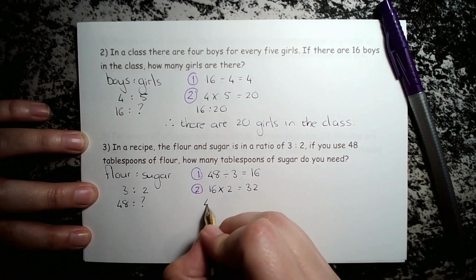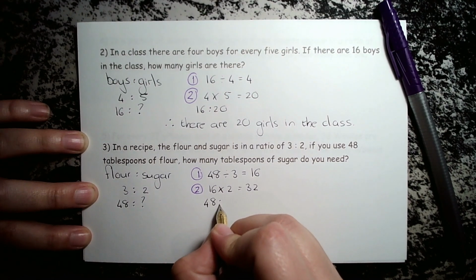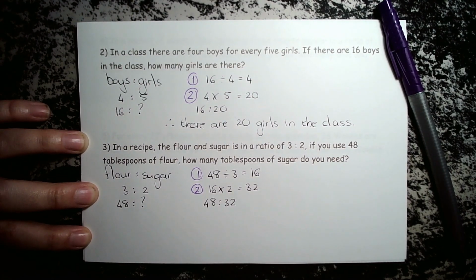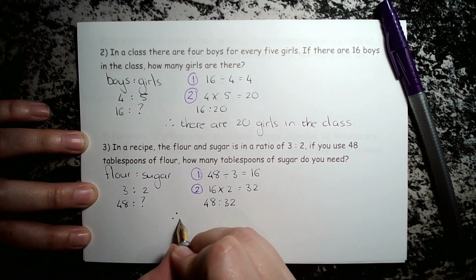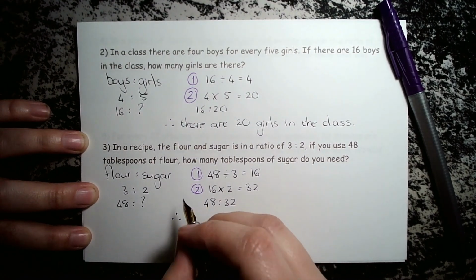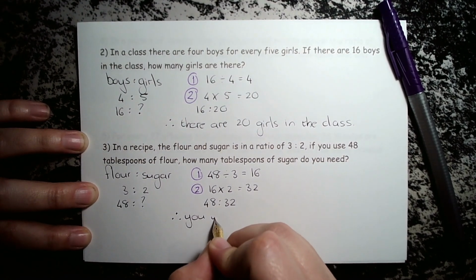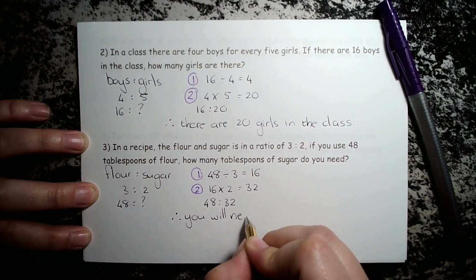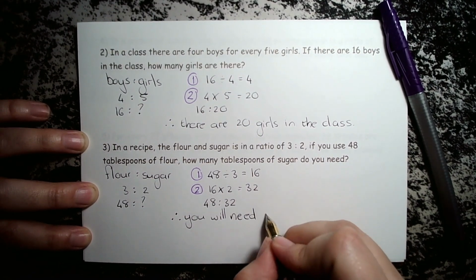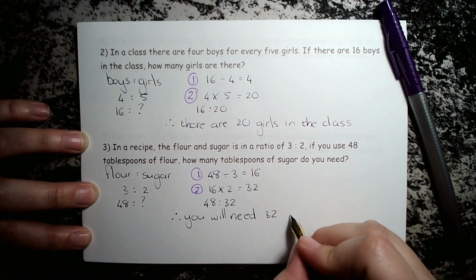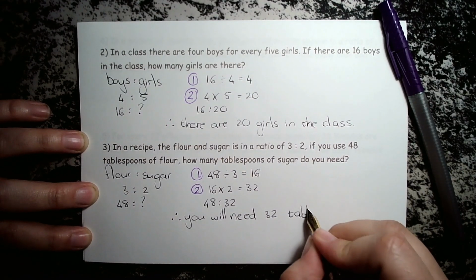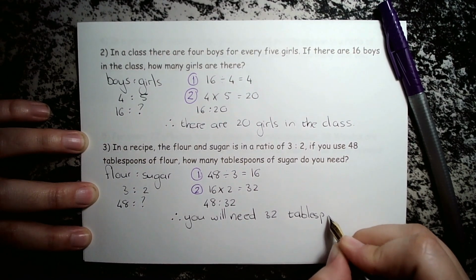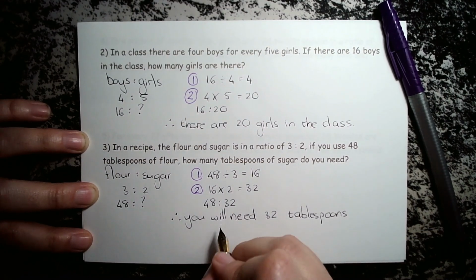So our ratio would be 48 is to 32. And the answer would be, therefore, you will need 32 tablespoons of sugar.